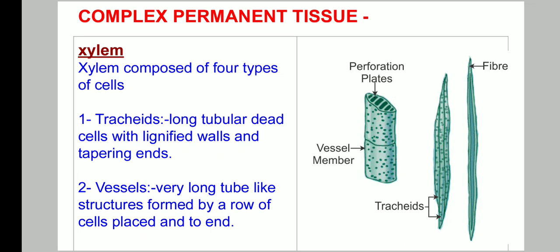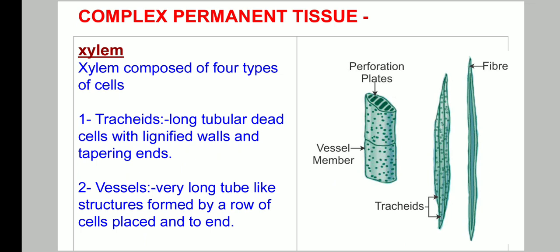The next difference is that most of the cells of xylem are dead cells. In xylem you can find tracheids, vessels and fibers. All these cells are dead cells, but only the xylem parenchyma cells are living.